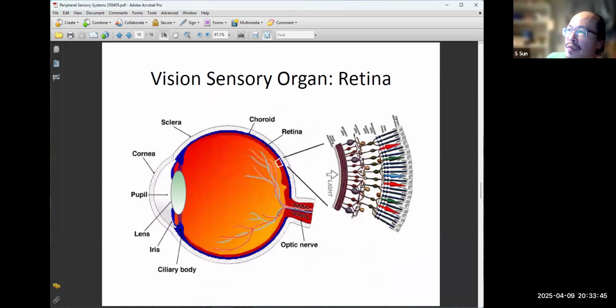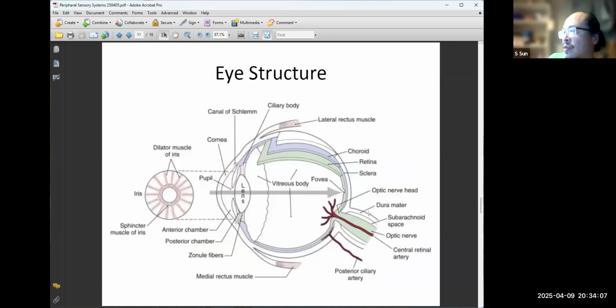The cornea continues with the sclera. Sclera is the most outer layer of your eyeball. Sclera will continue here, and then this one will continue to your brain. This part is the dura mater. I have the naming here, dura mater.